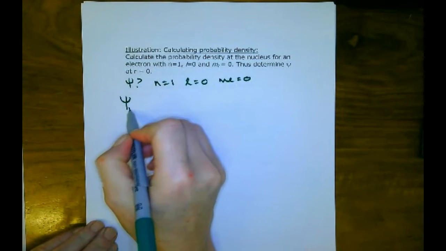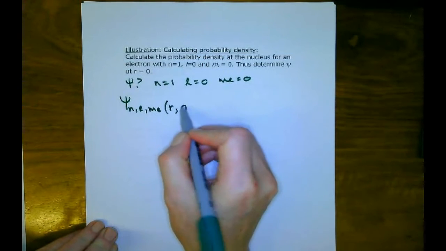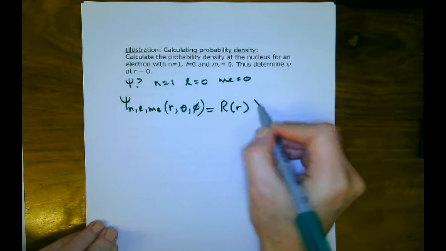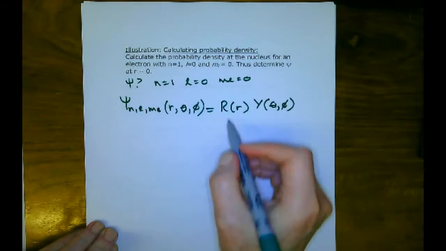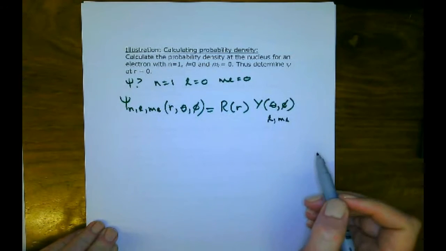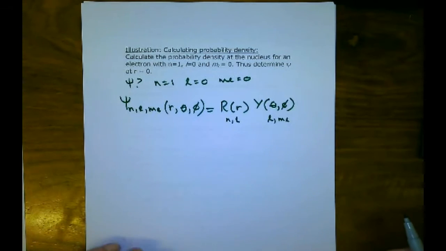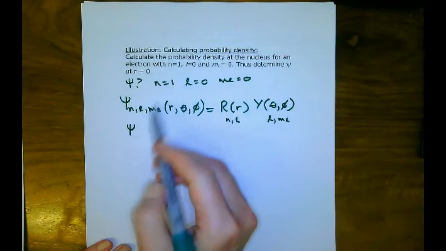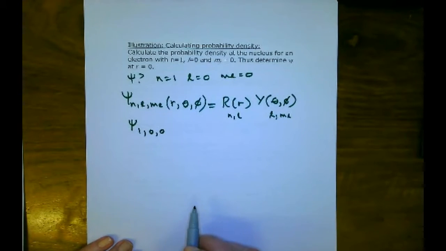But we know the wave function for an electron defined by those quantum numbers as a function of those variables is equal to the radial part times the angular part. And remember, the angular part has quantum numbers L and ml, and the radial part quantum numbers n and L. So if I want this wave function, how do I go about it?